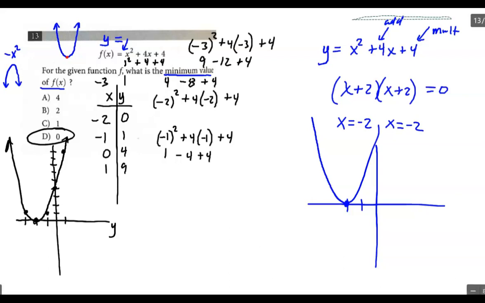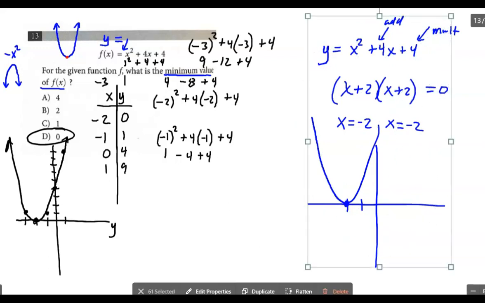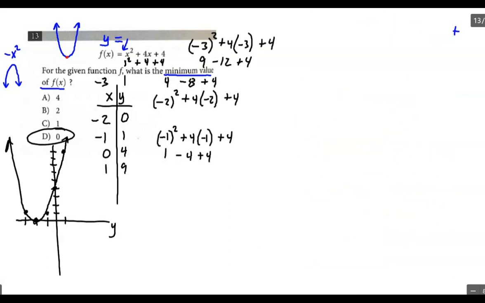If you're doing other problems, this can be kind of helpful. Just because, like, let's say you have an equation like y equals, I'm just going to make up an easy one here, plus 3x minus 10.